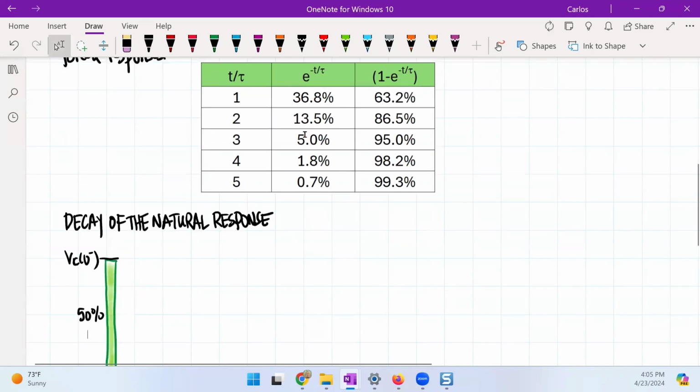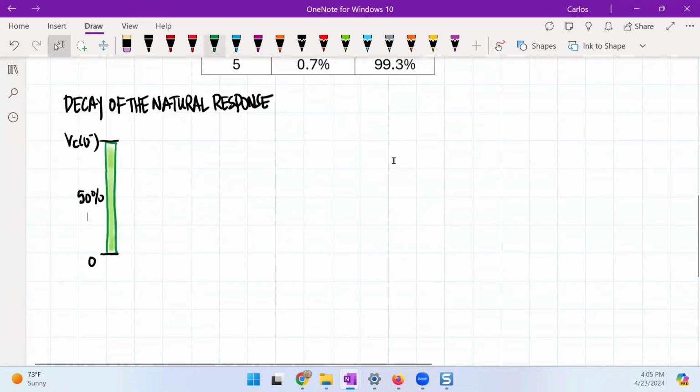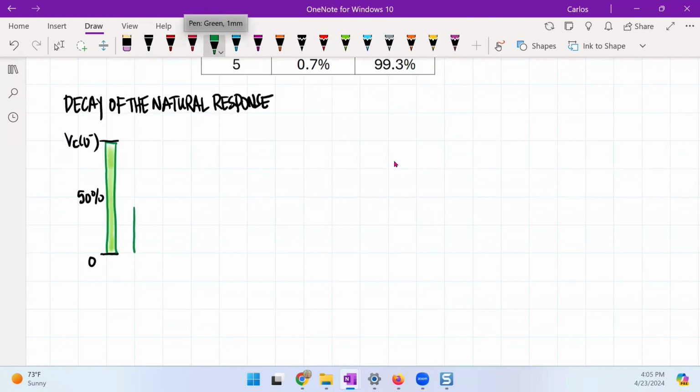Now let's look at the first one. After one time constant, it drops down to 37. So it's got to be below 50. So if I look at this, I'm going to say that this guy is our discharge at tau.